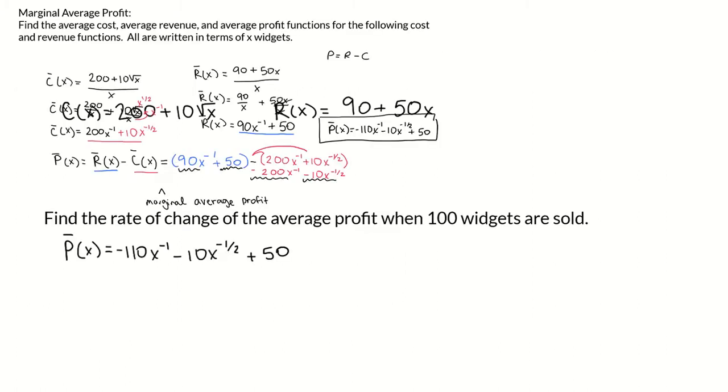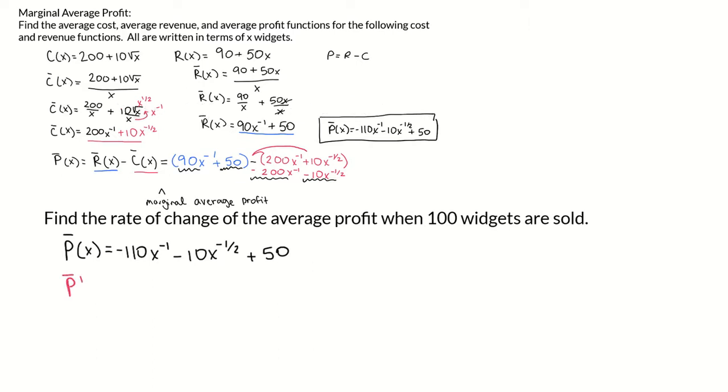So keeping that same, whenever we're looking for the rate of change of the average profit or the marginal average profit, what we want to find is the derivative. So given our p bar formula, we're going to find p bar prime of x.